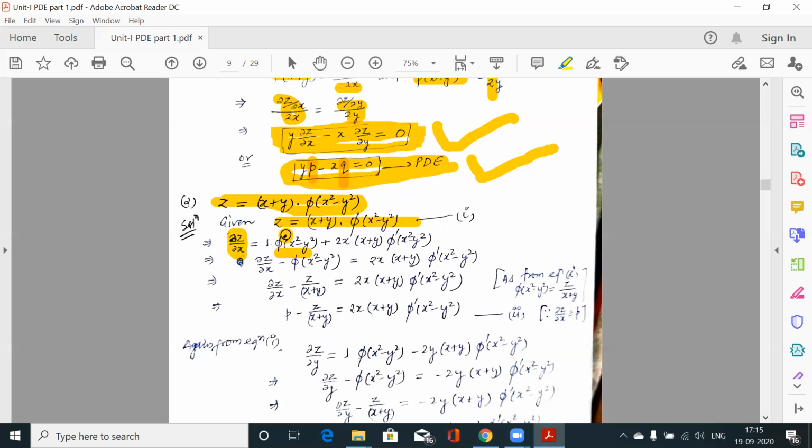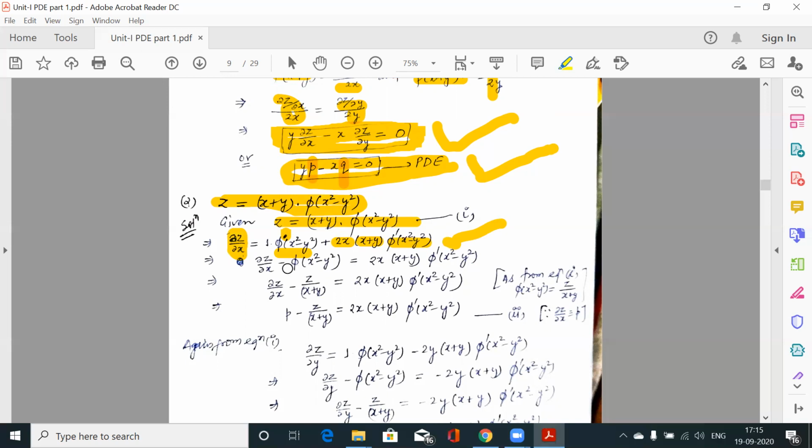This is not phi dash, this is only phi. Next, x plus y is as it is, and the differentiation of phi with respect to x gives phi dash of x square minus y square, and the differentiation of x square minus y square is 2x. So 2x is here. So this is del z over del x.